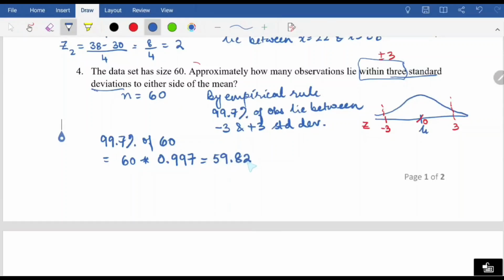Of course, the number of observations has to be an integer value. So 59.82 has to be rounded up to 60. So that means almost 100% of the observations, 60 observations, will lie in the interval -3 and +3, right?